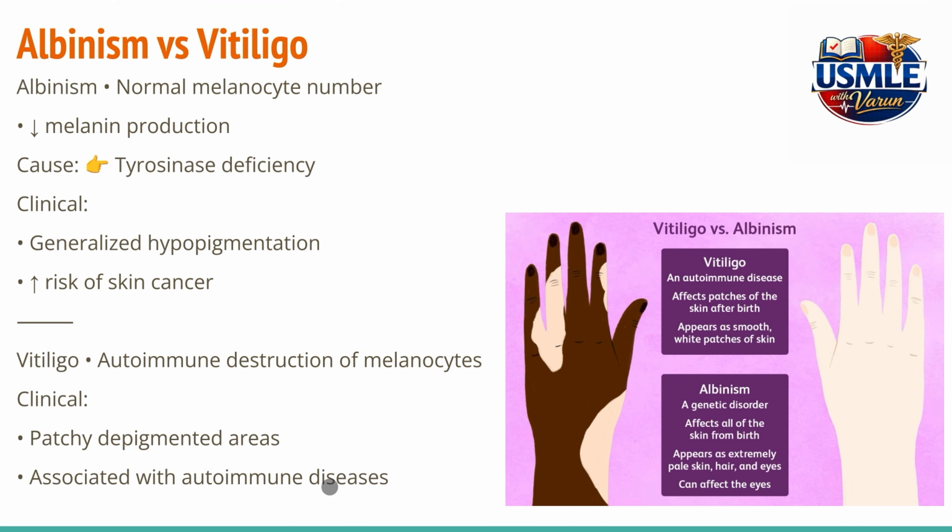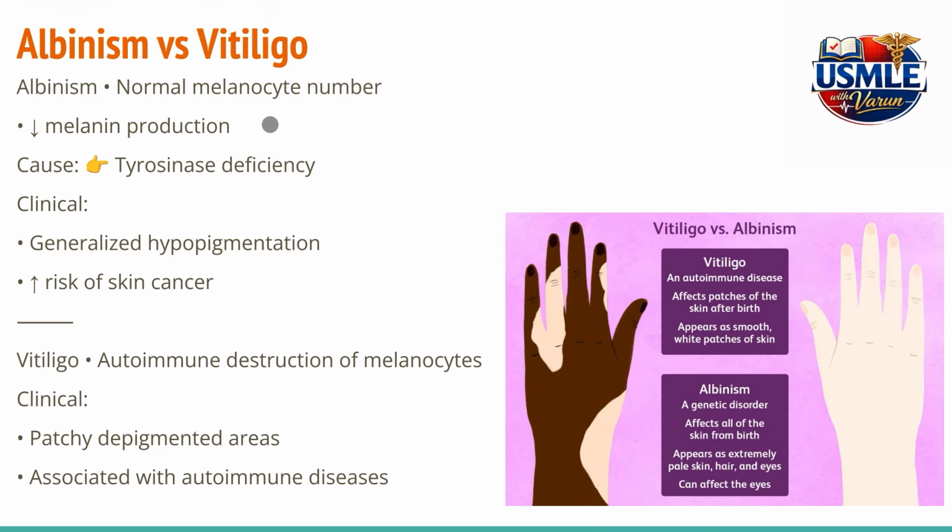Now let's move to some extremely important topics like albinism, vitiligo, and other pigmentation disorders. The most important point that's tested in exams is the pigmentation disorders. Albinism and vitiligo are two of them.